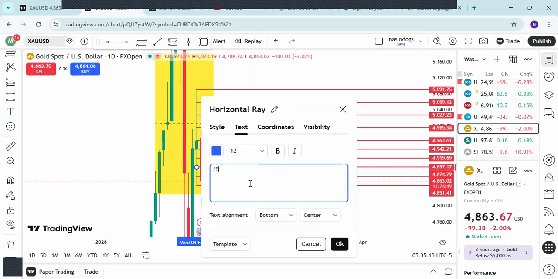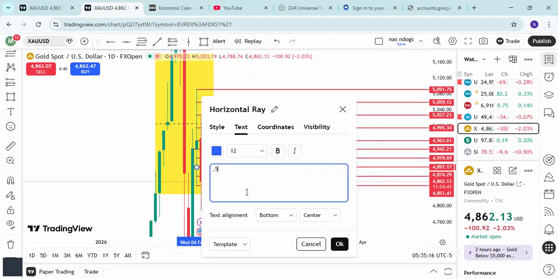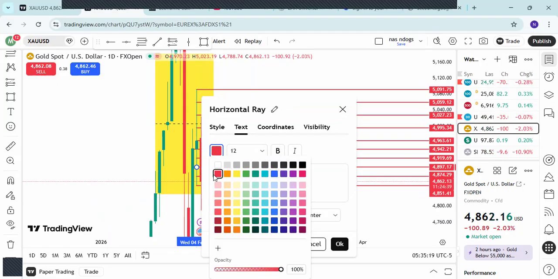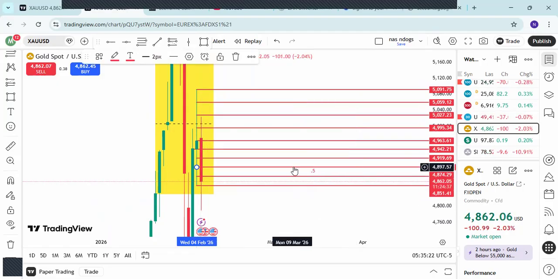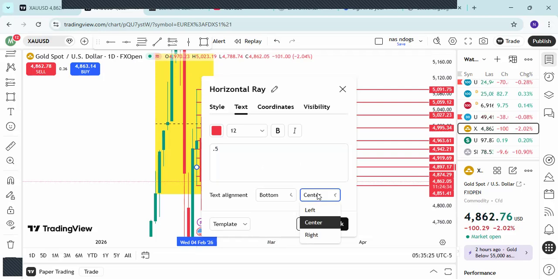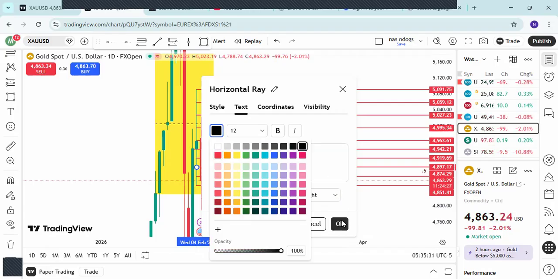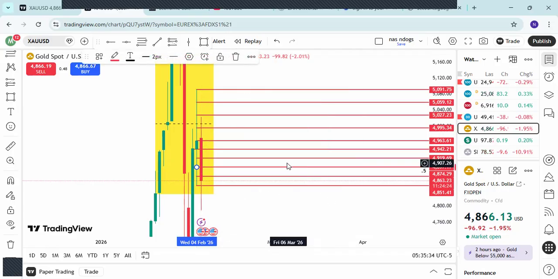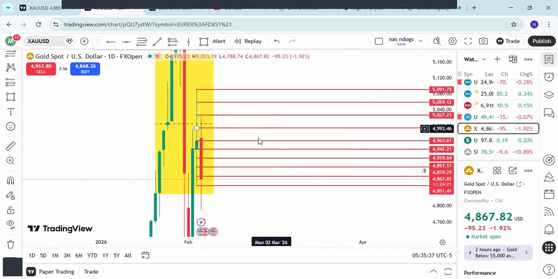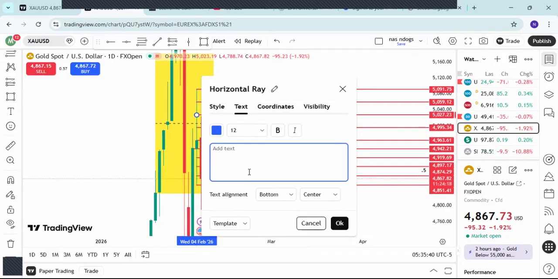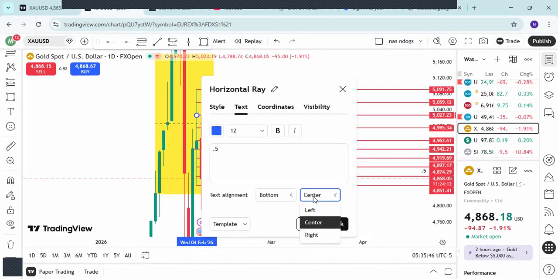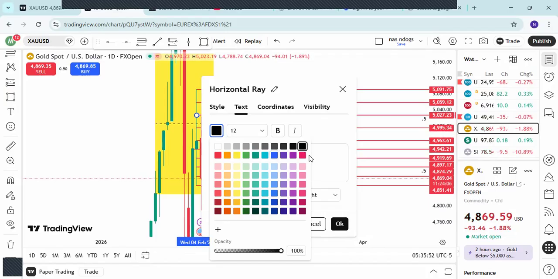Let's go on the red. 0.5 again. Put that on the right, on the right.